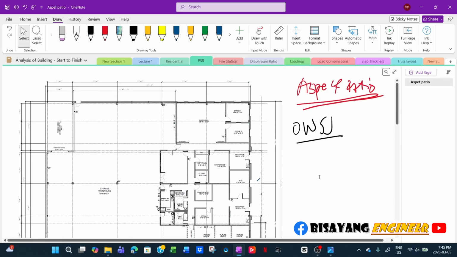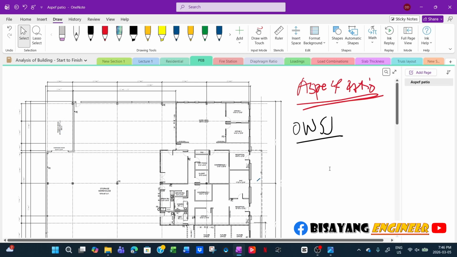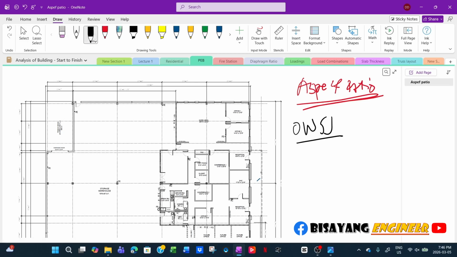So this one, especially if the building is too wide. A typical pre-engineered building can span without intermediate support, usually between 100 feet to 125 feet. The range building can span that much and still be economical.